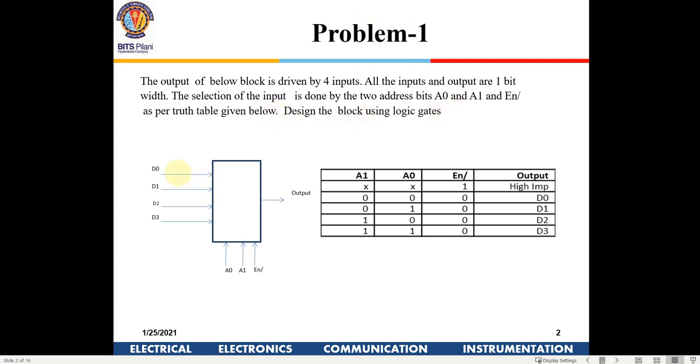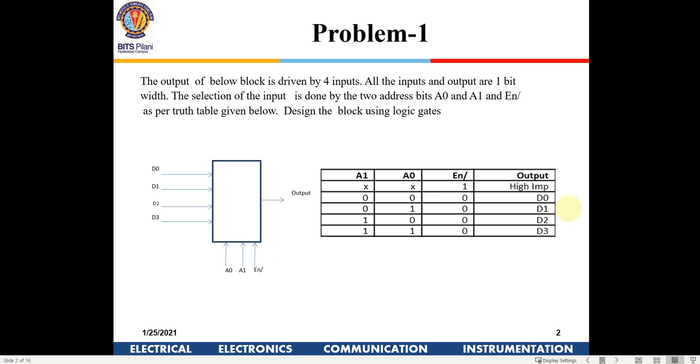Okay. So essentially this block, what can we call this block? Anybody from our digital class? There are four inputs, and depending on the address, it's a mux, yeah, it's a mux, and you have an enable pin also.